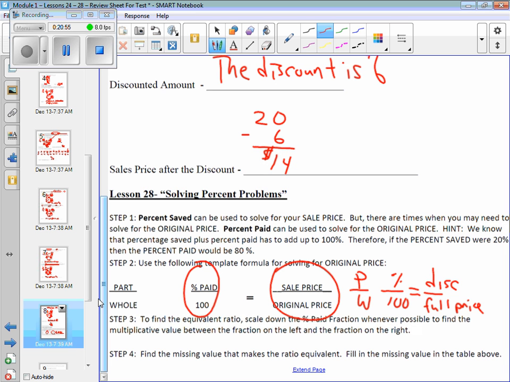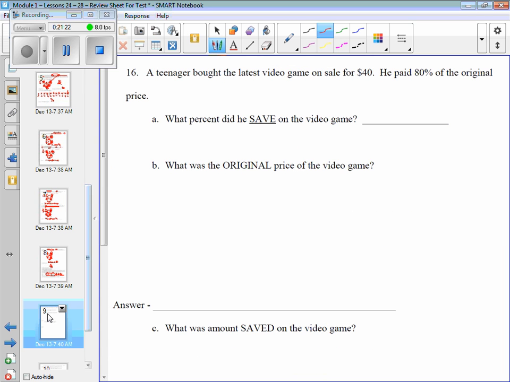Sometimes you'll find that you'll only have 2 out of 4 values needed, and you need 3 out of 4. So we varied this, and we created this formula here for the remaining problems. And as long as you know what the percent paid is, the sale price or the original price, you could find the missing value. So here's kind of how it works.